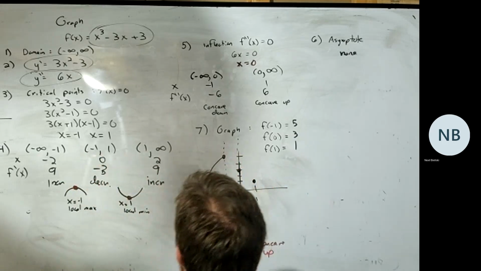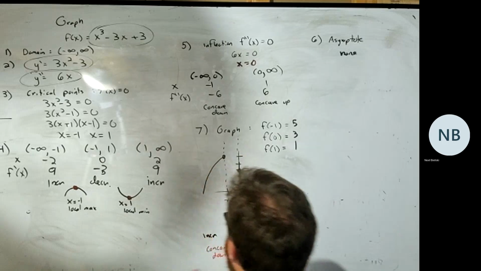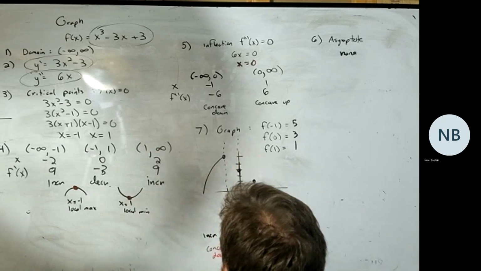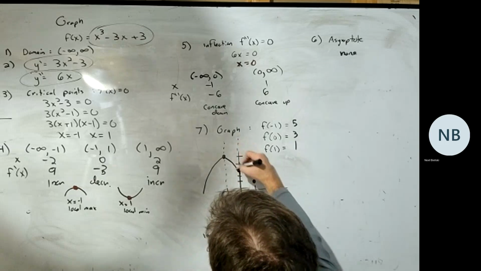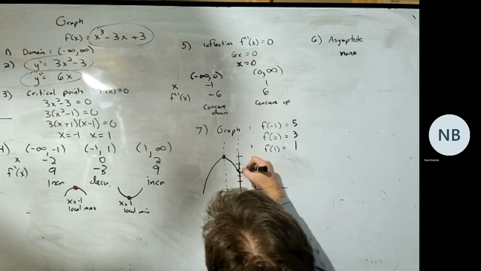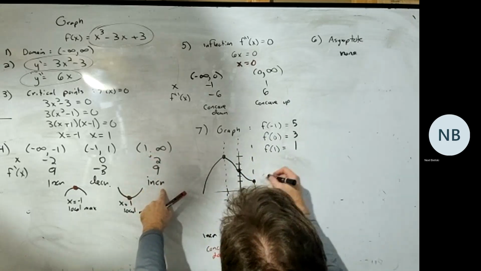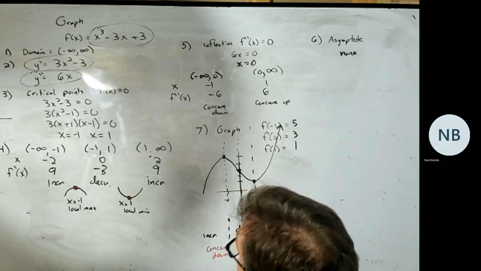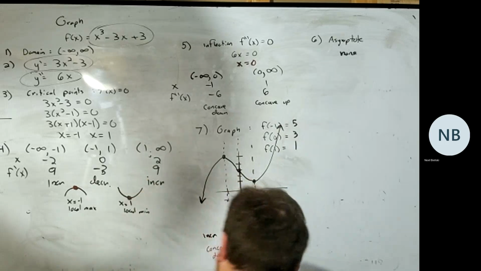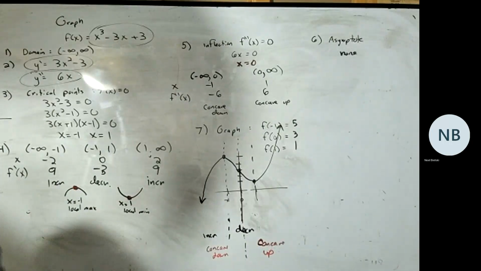In the part before 0 it's decreasing concave down, but in this interval after 0 it's decreasing but concave up. And last, from 1 to infinity, it's going to be increasing and concave up. So it's going to look like that.